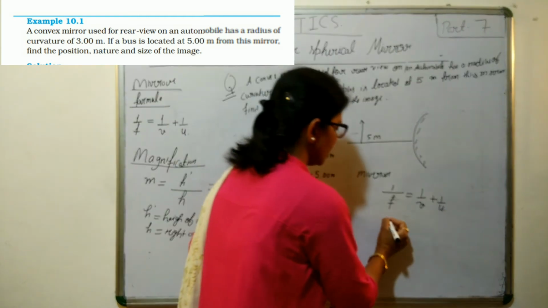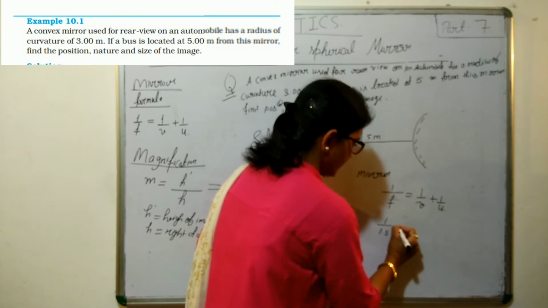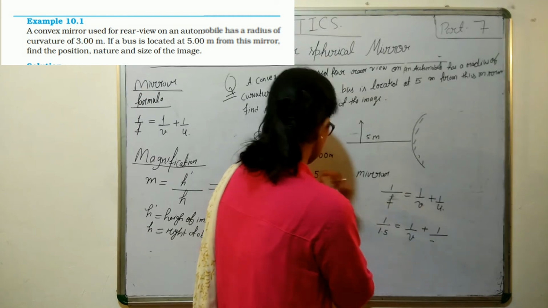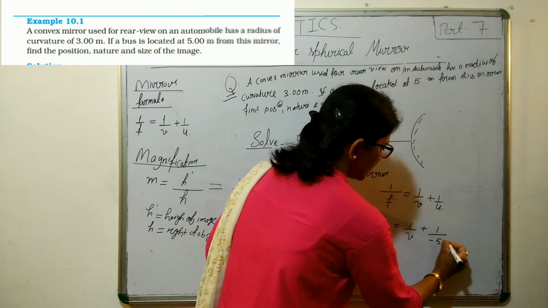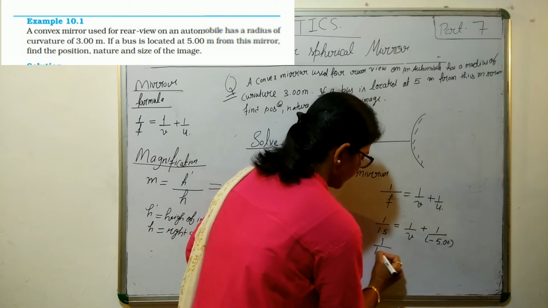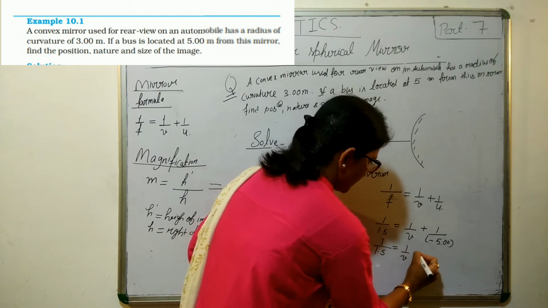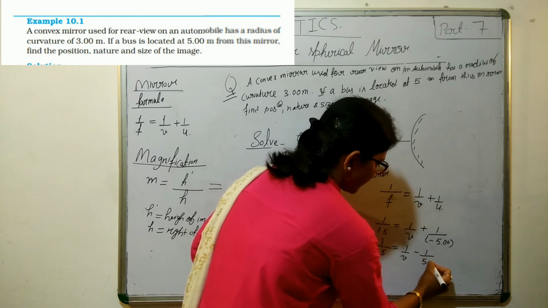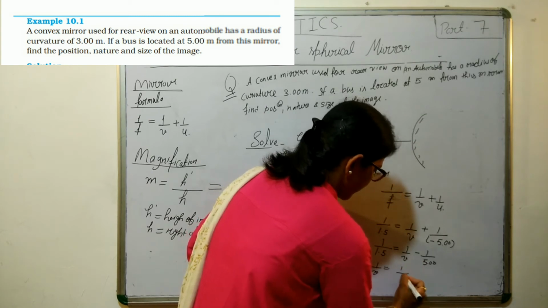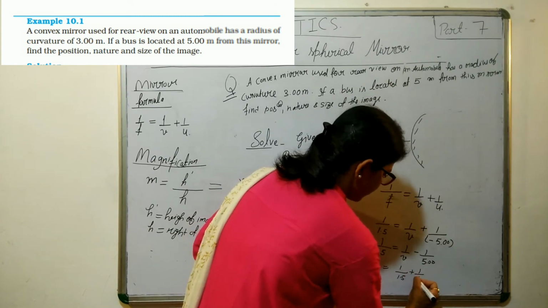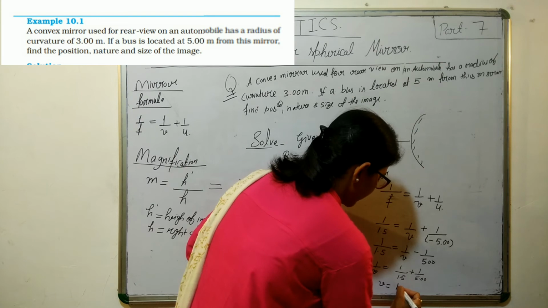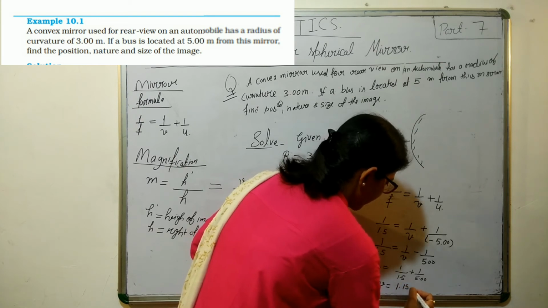So let's put in the values. 1 by 1.5 is equal to 1 by v plus 1 by minus 5. Clear? Now if you solve this, 1 by v is equal to 1 by 1.5 plus 1 by 5, and solving it you will get v is equal to 1.15 meter.